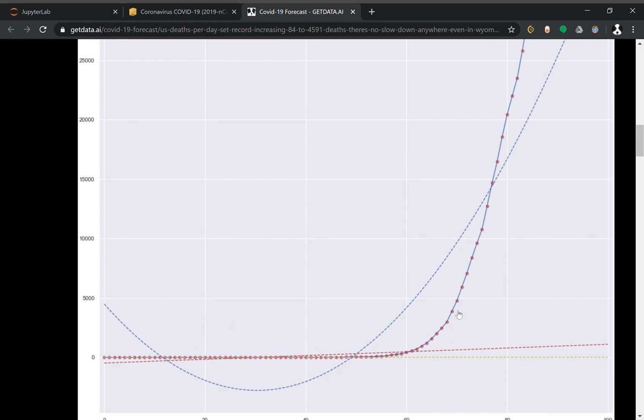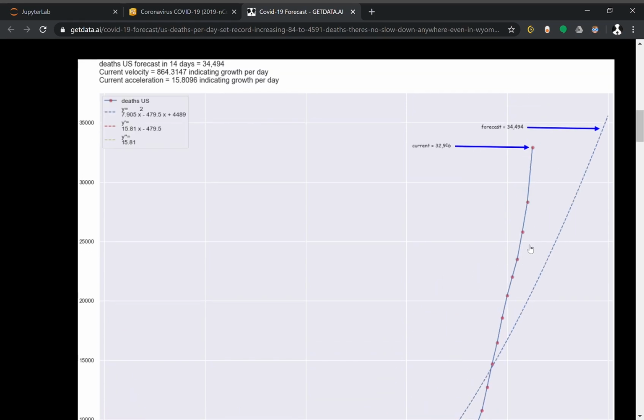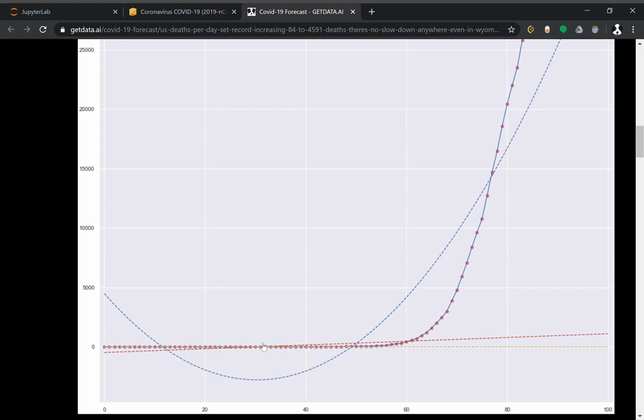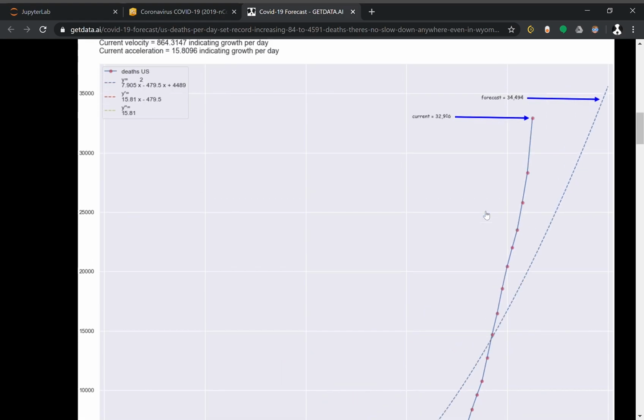Polynomials can do all kinds of things. That's the other reason why we chose a polynomial, because if you chose exponential, this thing would just run. Okay, so we chose a polynomial because polynomials can curve and eventually slow down.